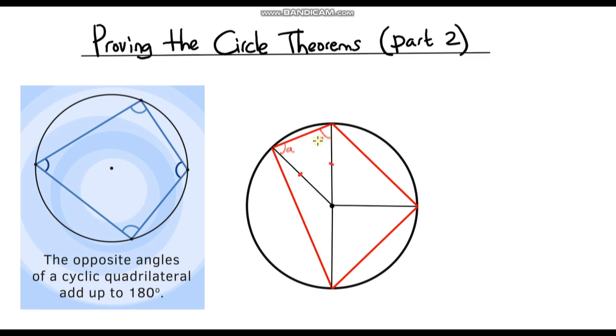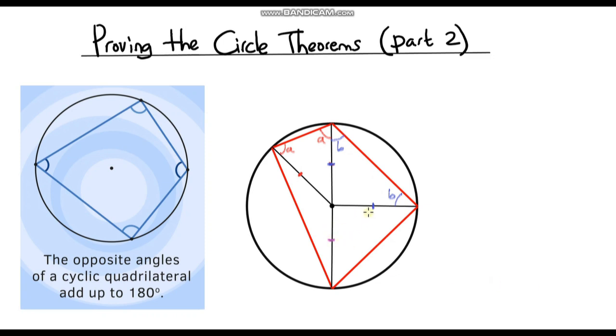If we label them A, now we can repeat the process all around the circle. So now if we focus on these 2 radii, we've got another isosceles triangle. Therefore, these 2 angles that I'm drawing in blue must also be the same. We can clearly see that they're different to A. So let's label those B. Let's keep going.